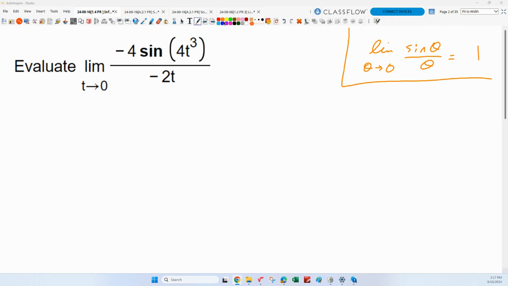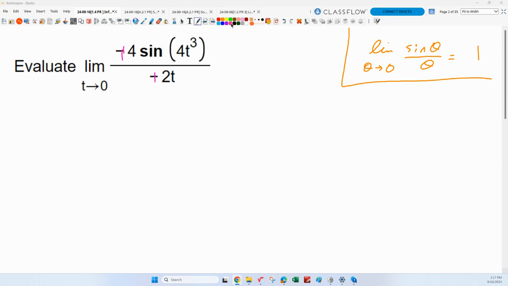4t cubed. What do I have there now? Negative 2t. And I could even just do this: why don't I just cross out the negatives? A negative over negative is positive. So then what do I need to multiply? What do I need to get on the bottom? 4t cubed. I have a 2t. How do I accomplish that? I multiply top and bottom, because I'm really just multiplying by 1.